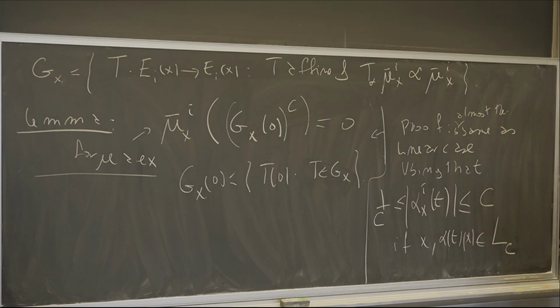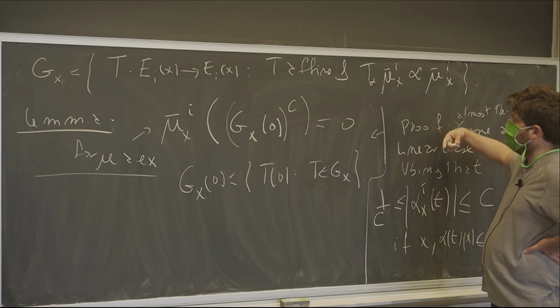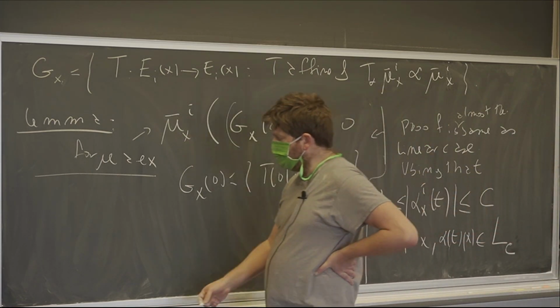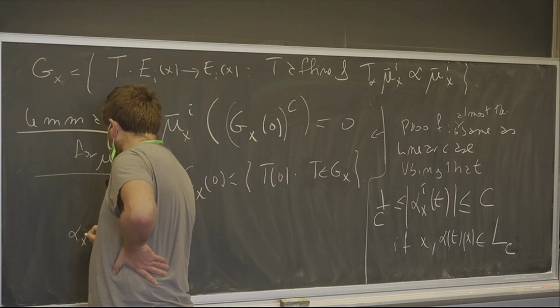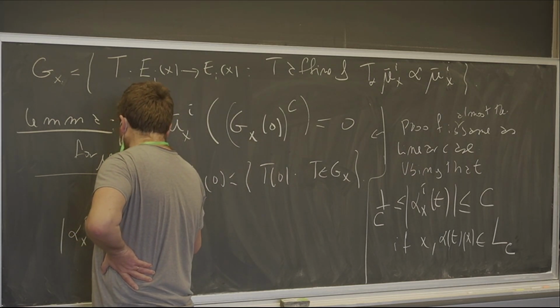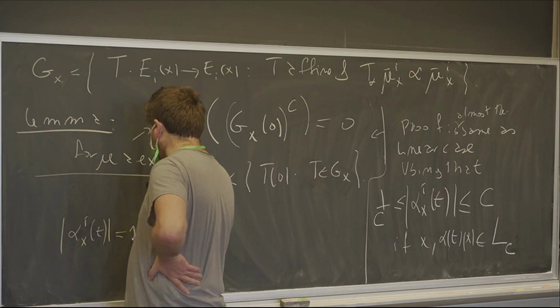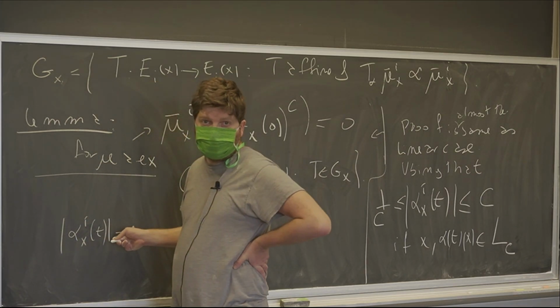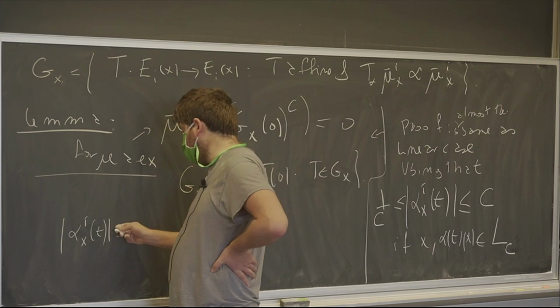So one big difference, if you want to call it big, is that in the linear case, when we take these iterates, these numbers were always 1, and now we don't have them being 1. We have them bounded.